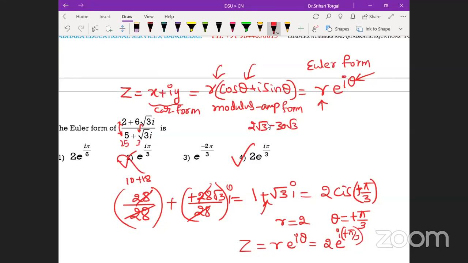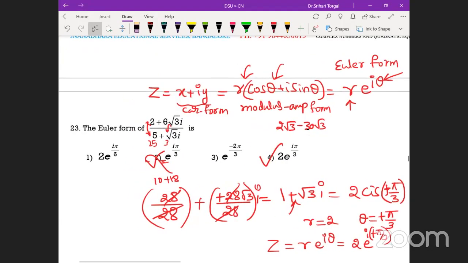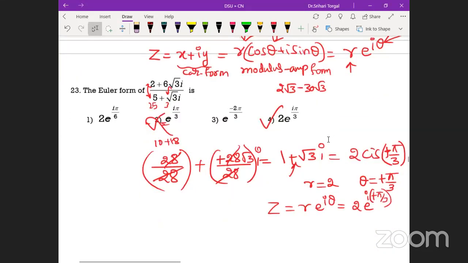We cannot choose this because we don't have 2 in front of this e. 2 into e power i pi by 3 is the answer. Otherwise, you need to simplify this in detail. It is very lengthy.